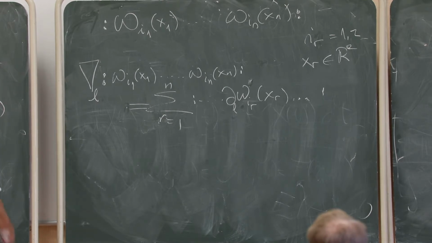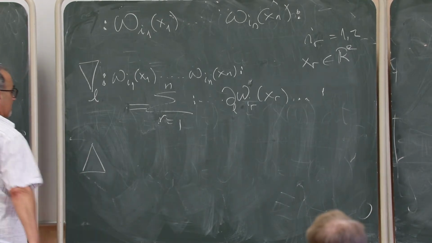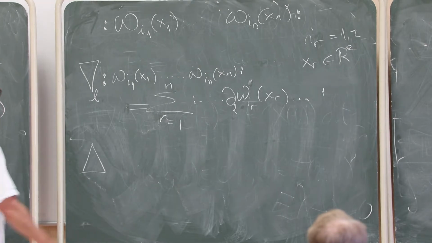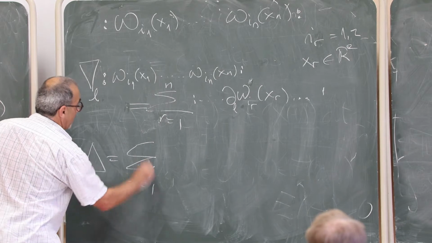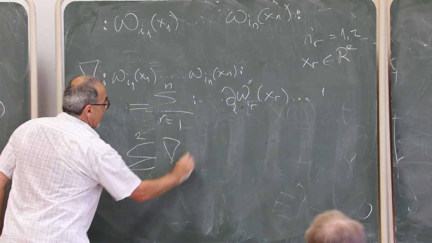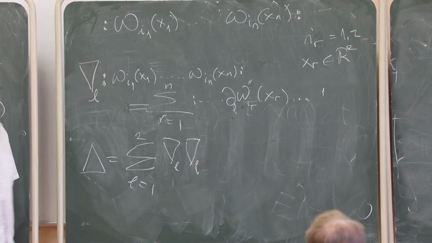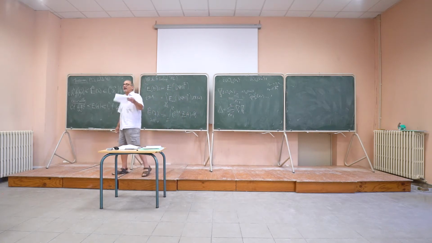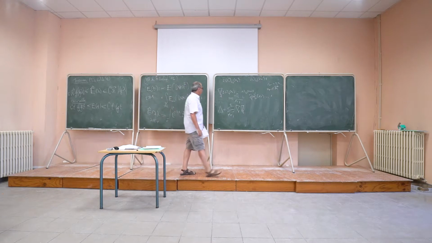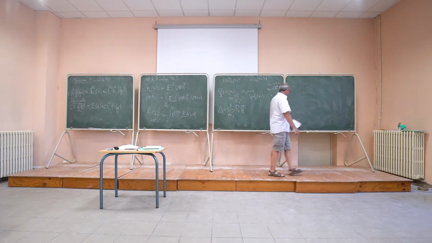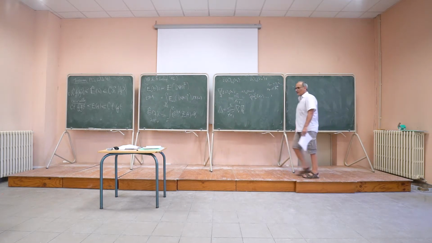Right? I define a Laplacian in my Hilbert space. The Laplacian in my Hilbert space will be, let me just define it, the sum over L from 1 to 2 of nabla L nabla L. This is a practical definition. You could easily give a coordinate free definition, also for the gradient, but this is the cheapest thing I can do.